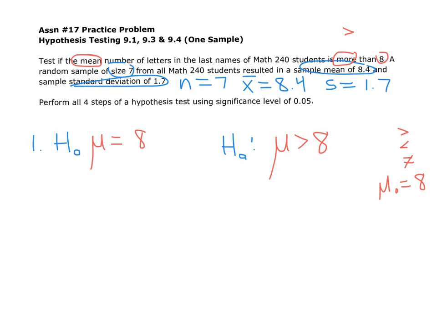Now, one other thing is that instead of having equals in the null, we could have mu less than or equal to 8. We always want some piece of being equal to, and whether we just use the straight equal to or the opposite of what we have in the alternate, either one of those will work. So we can have either mu equal to 8 or mu less than or equal to 8. And that gives us the first step.